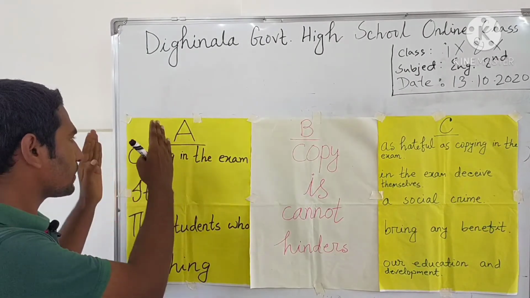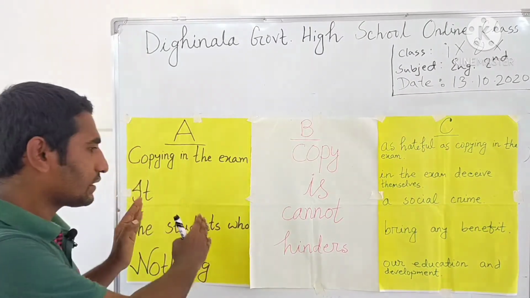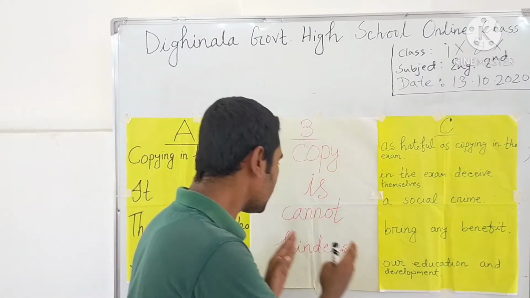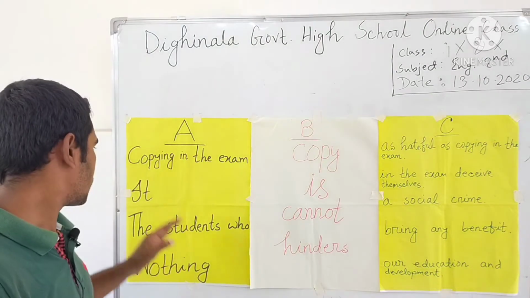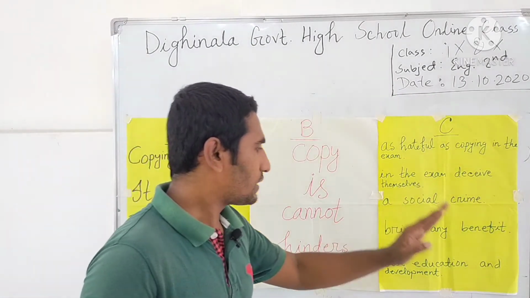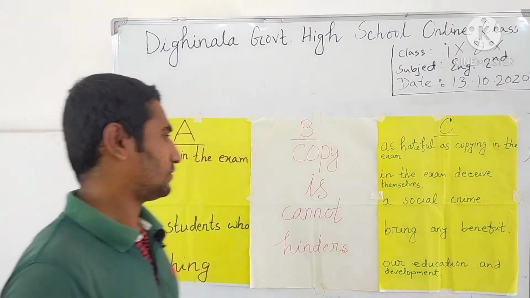Eti, that means porikha nakol kora. Eti আমাদের শিক্ষা এবং সামগ্রিক উন্নয়নকে বাধাগ্রস্ত করে. So number B can be it hinders our education and development.